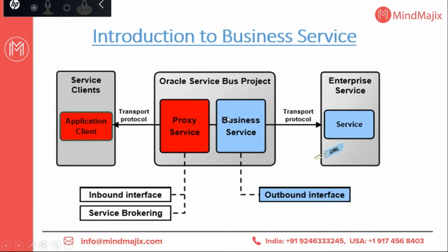For example, if I want to talk to a particular target system, I'll be using a business service. I'm not directly going to take the data from the customer and call the service provider to take the information. I'll have two services in between: a proxy service and a business service.